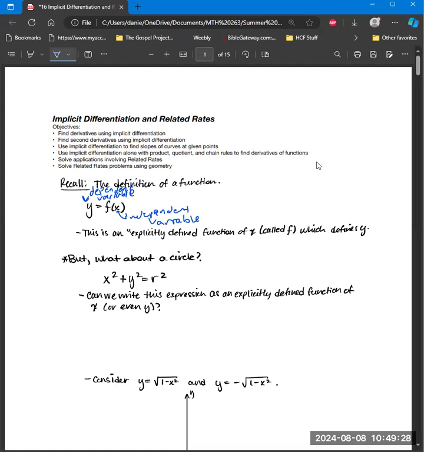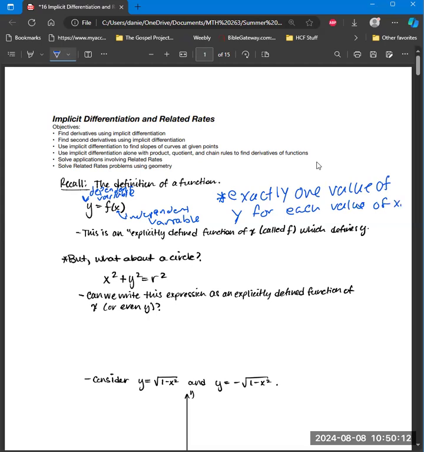When we set it up this way, we get the dependent variable y all by itself, separated from all the independent variables and constants on the other side of the equation. This is going to be an explicit definition. So there is exactly one value of y for each value of x.